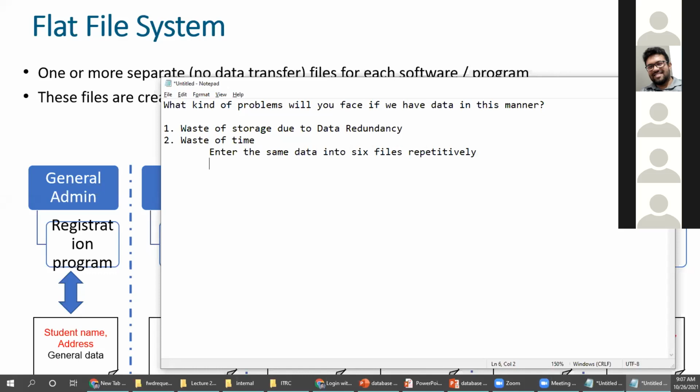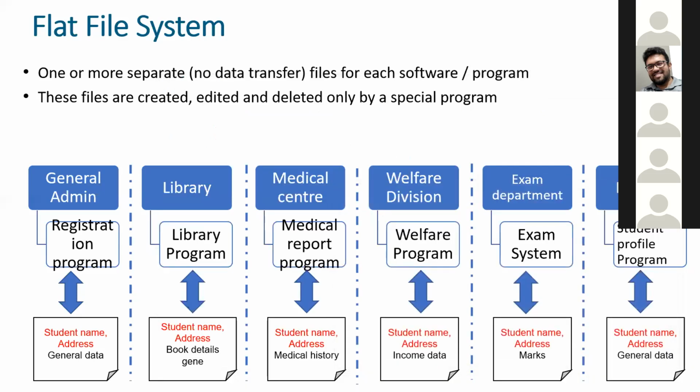And what will happen if we want to update one record? Let's say there's one student who has changed his address. Now he has come to the university and registered in all these systems. And now in his 3rd year, he decides to go to another place. His parents have purchased another house somewhere closer to the university.